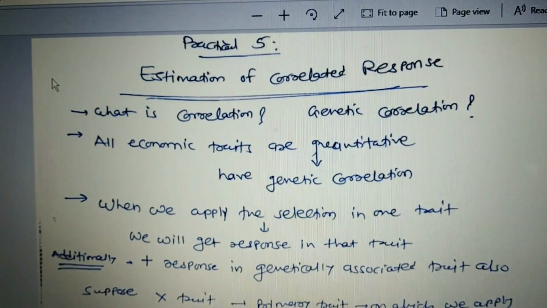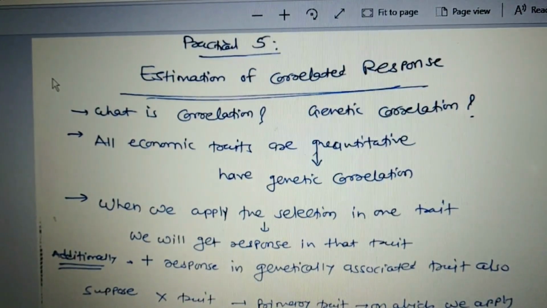So additionally, we can say positive response. We will get the response in the X trait. Suppose we consider that X trait is our primary trait, on which we are applying the selection. For example, milk yield is our primary trait.